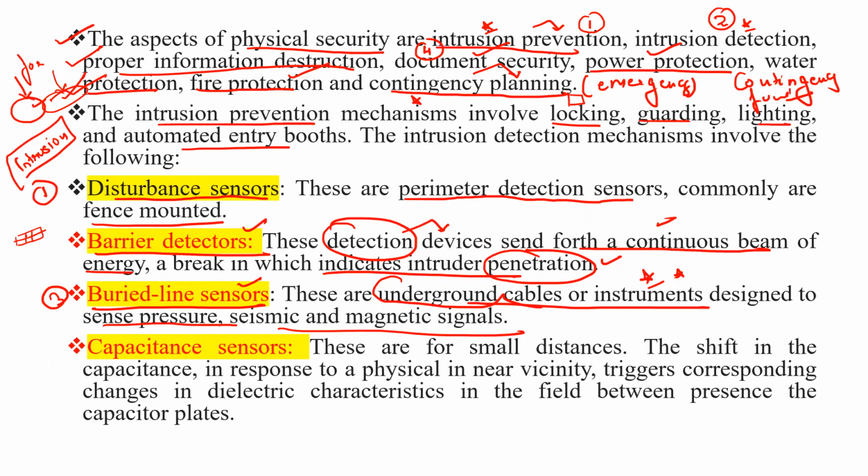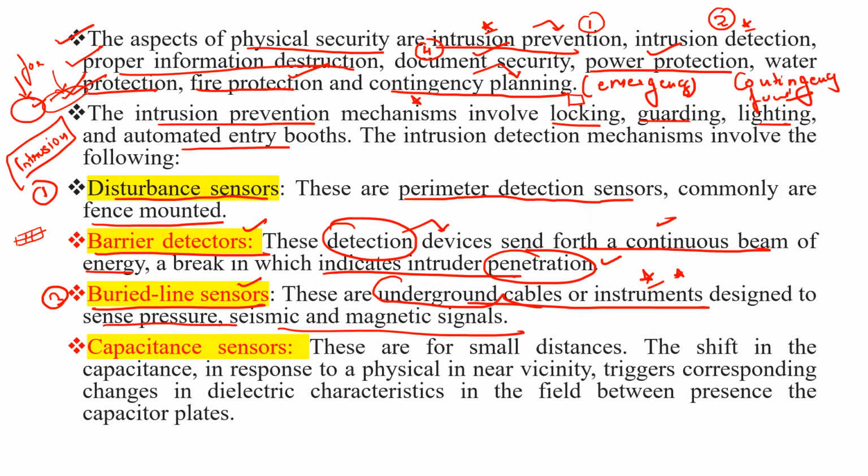Next one is the capacitance sensors. These are for small distances. The shift in the capacitance in response to a physical presence in the near vicinity triggers corresponding changes in the dielectric characteristics in the field between the capacitor plates.